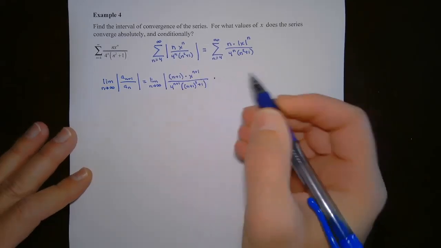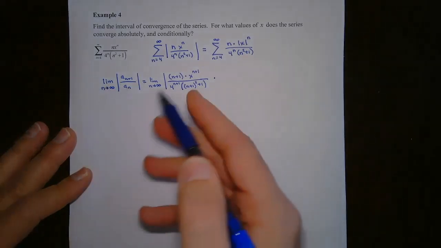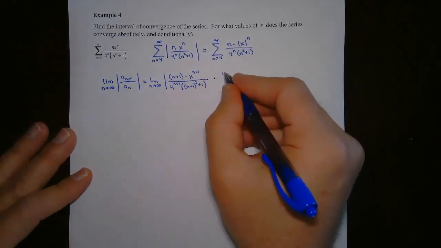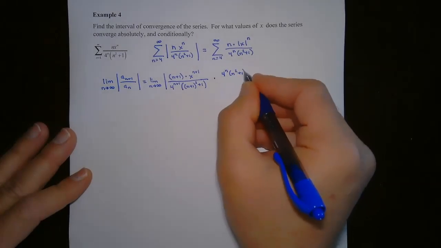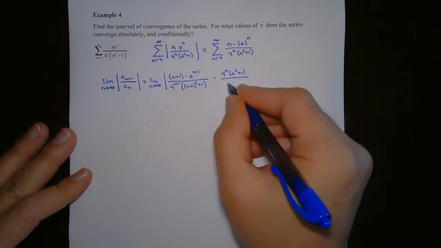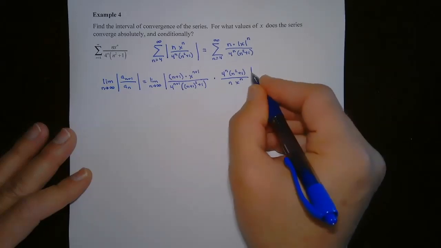And then times the reciprocal of a sub n, so this becomes 4 to the n times n squared plus 1 over n times x raised to the n.